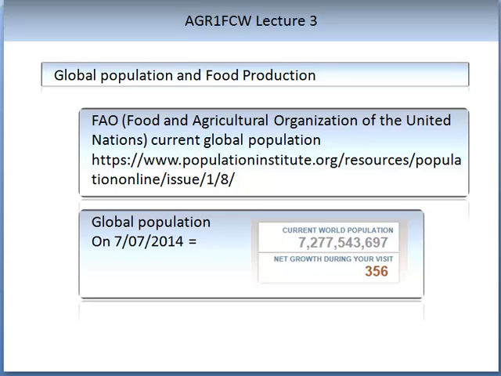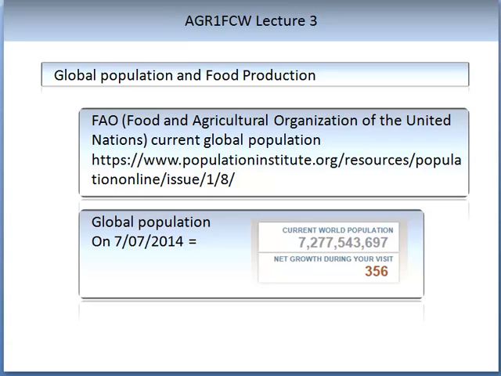The global population and how it relates to food production has been in the past and still is of a concerning nature. I'd like to introduce you to the Food and Agricultural Organization of the United Nations, or FAO for short. They produce a website where you can see the current global population changing in real time.